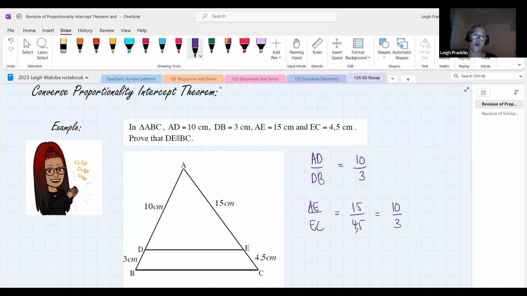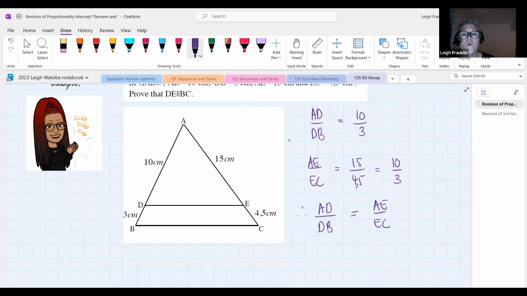There we go. The sides are in the same proportion, which is 10 over 3. So now we can conclude what it is we're trying to prove: AD over DB is equal to AE over EC. Therefore, DE is parallel to BC, and our reason for this is the converse proportionality intercept theorem.